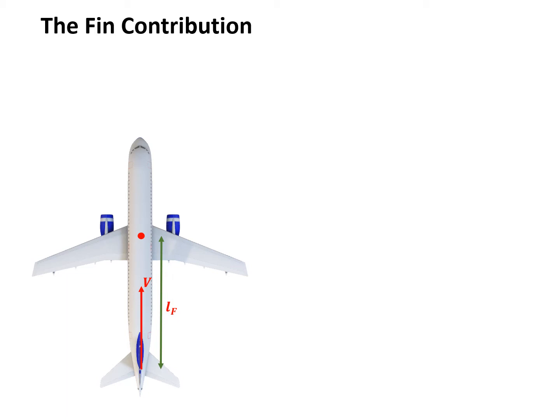Again, we have this aircraft, and the scenario is that the aircraft is yawing towards the right at the rate of r. Now we are focusing on the fin, and we can see a velocity vector V, the true airspeed of this aircraft. Because of the yawing motion, there will be a side velocity r times lf.